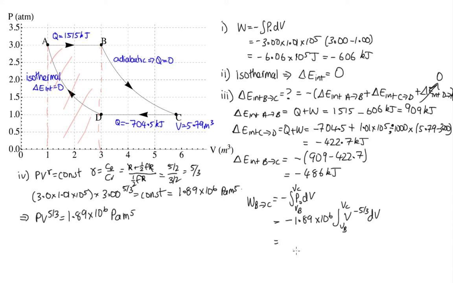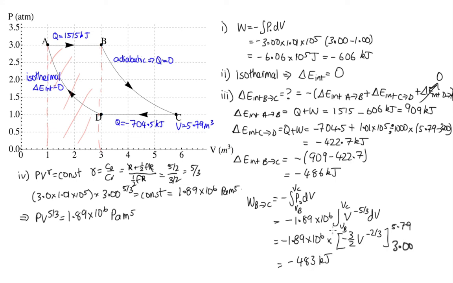And so this is equal to 1.89 times 10 to the 6 times, now we need to integrate this thing, and when we integrate it we end up with V to the minus 2 on 3, and then we need to multiply that by minus 3 on 2, and then we're going from VC here is 5.79, this is 3.00. So now we enter this into the calculator and we end up with minus 483 kilojoules.